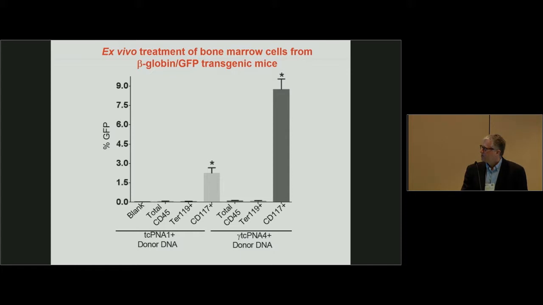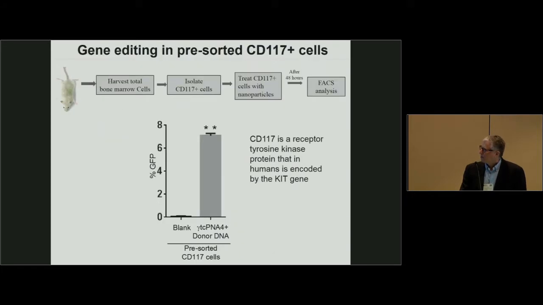So what you see here is ex vivo treatment of the whole bone marrow. Then the cells were stained and double sorted for the marker and then for the GFP. And you see in the CD117 there was 9% correction in a single treatment. We actually also did it the reverse. We pre-sorted the cells and then treated them. You see here about 7% modification in a single treatment done ex vivo.